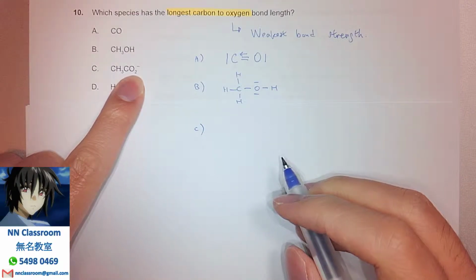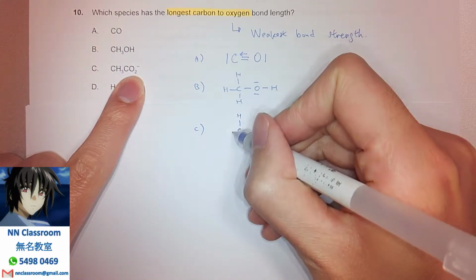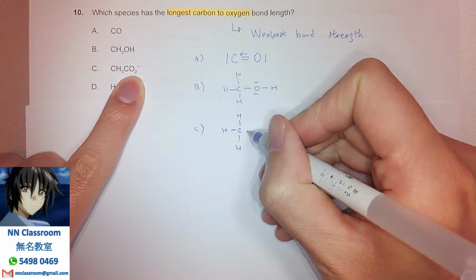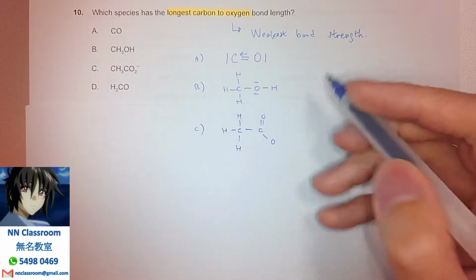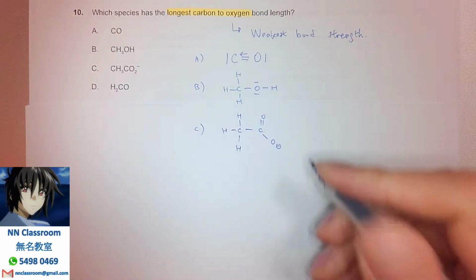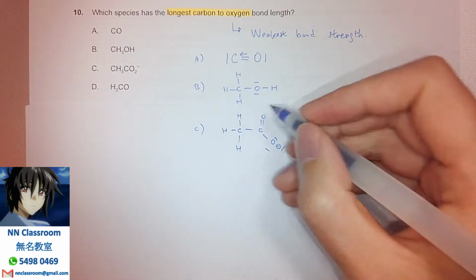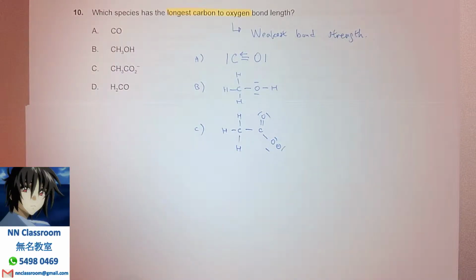For C, let's look at it further. So CH3CO2 minus, which is another typical example, having C double bond O, single bond O, and then the negative charge goes to the one with just a single bond, with 3 lone pairs of electrons, and then 2 lone pairs on the normal oxygen.